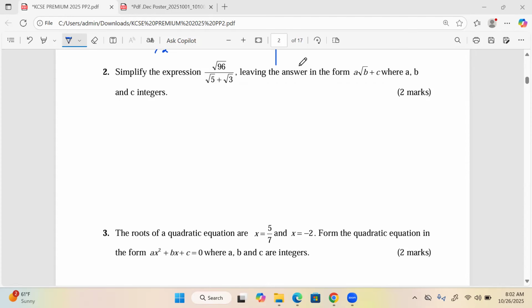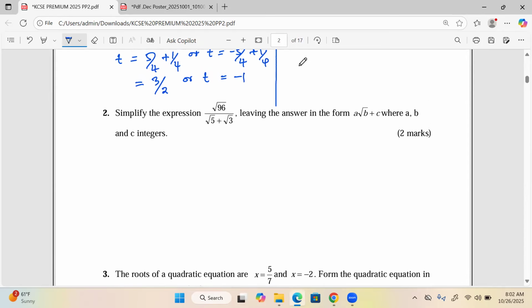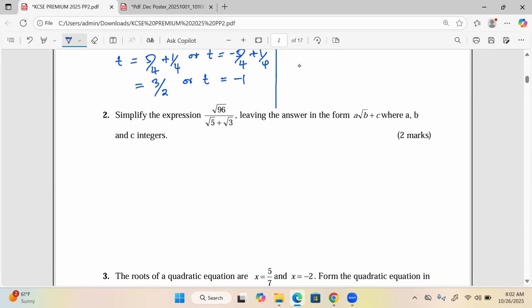Then we simplify the answer, or we begin by simplifying the numerator first and now we rationalize. Either shall work. Therefore, now we can talk about the root of 96 being equal to the root of 6 times 16. Confirm 6 by 16, yes, 96. Therefore, the root of 16 is known and it's 4. But the root of 6 now remains in the brackets like this. So we can have it as 4 root 6.